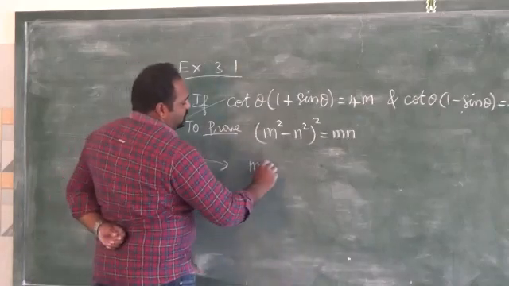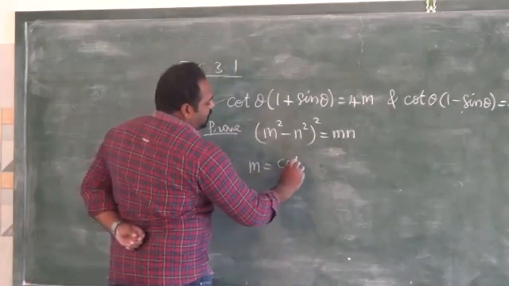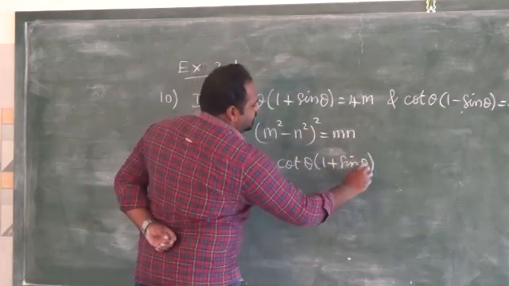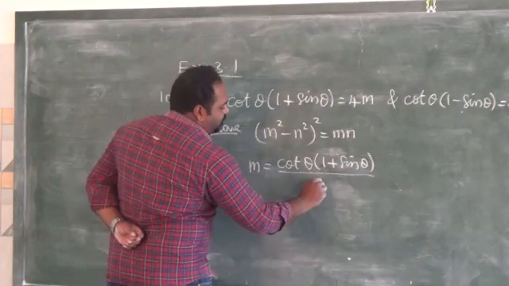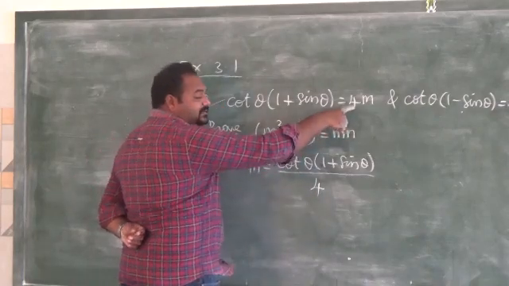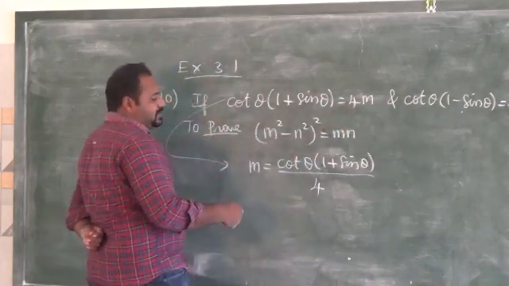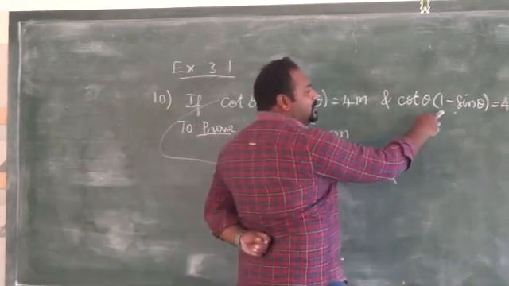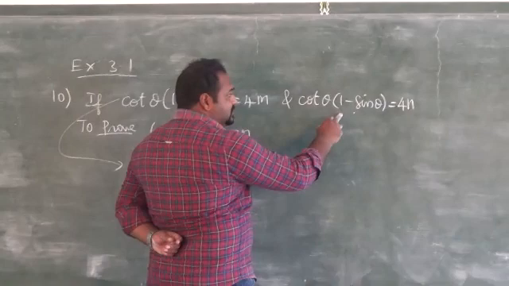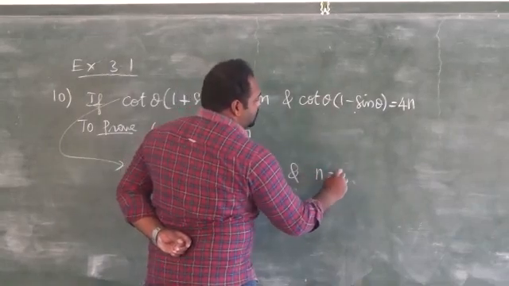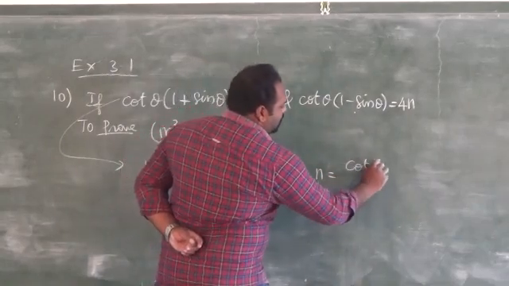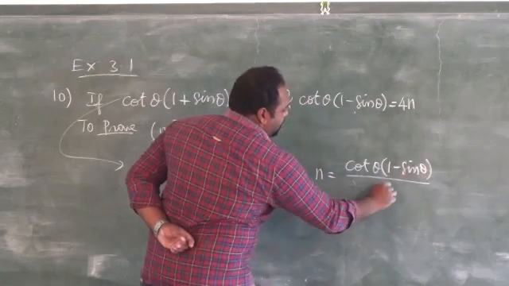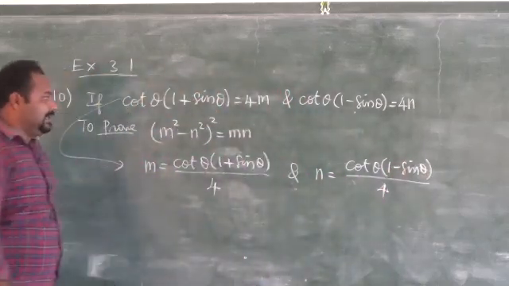So m equals cot theta into 1 plus sin theta whole divided by 4, because m is multiplied here. When you bring it to the other side, it will be division. And the n value can be derived from this statement: n equals cot theta into 1 minus sin theta whole divided by 4. Now we got the m and n values.